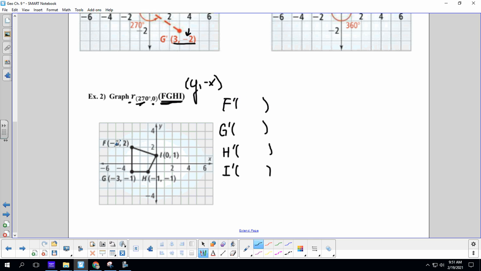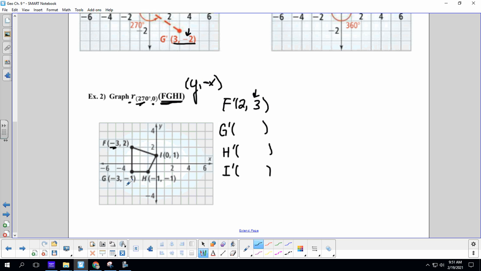Okay, so F prime, I'm going to switch the 3 and the 2. So now we're going to have 2 and 3, and I'm going to change the sign of my second value. It would have been -3, but we're changing the sign, so now it's +3.